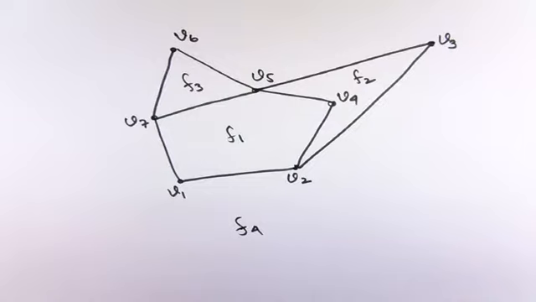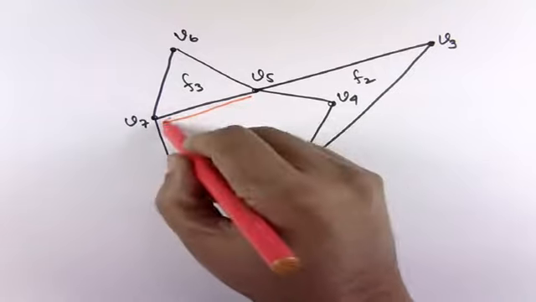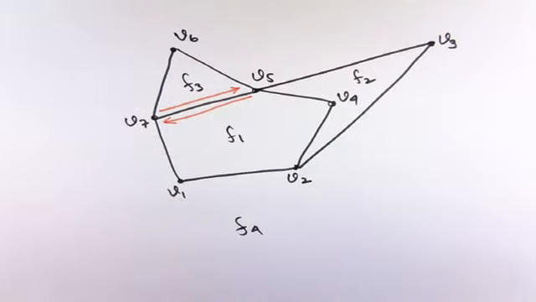You can call it a half edge. So we'll say any edge here is a pair of half edges, and half edges are directed. Original edges are not directed.